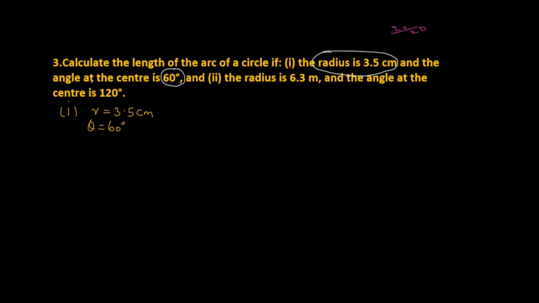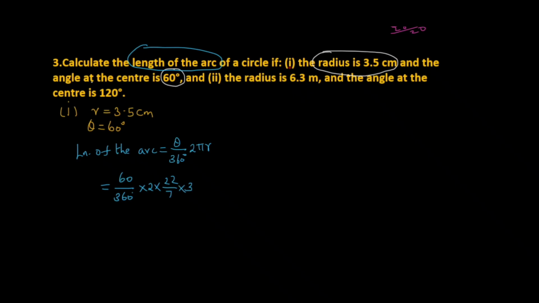Length of the arc, we know the formula. Length of the arc of the circle is theta by 360 into 2 pi r units. So theta is 60 degree divided by 360 into 2 into 22/7 into 3.5 centimeters.